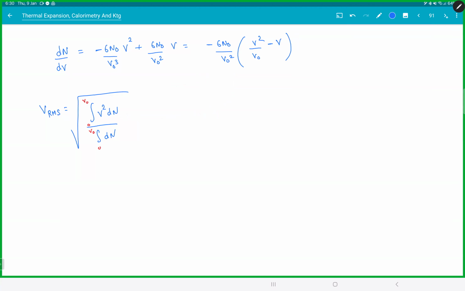So getting the equation is one part. Now using this equation to find VRMS is the second part. It's a little tough one and it's a lengthy one. Hope everyone was clear. How did you figure out the equation?